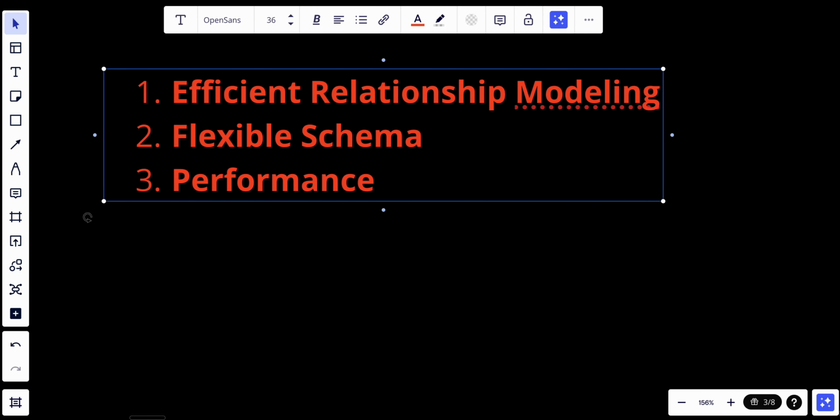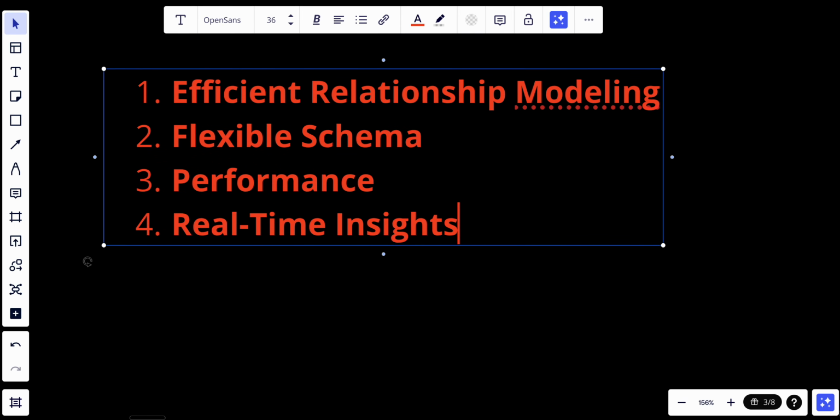It's also great for real-time insights. Graph databases are valuable for real-time data analysis and discovery. They allow you to gain insights into relationships and patterns within your data in real time, which is essential in applications like fraud detection, recommendation systems, and network analysis.